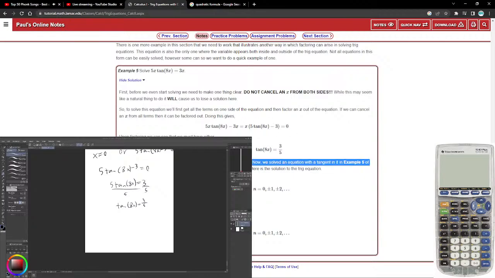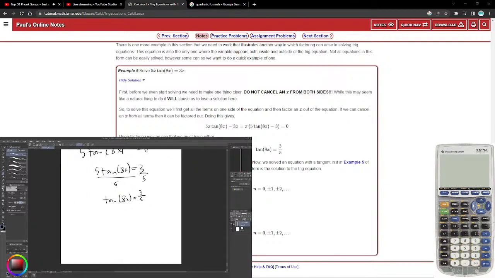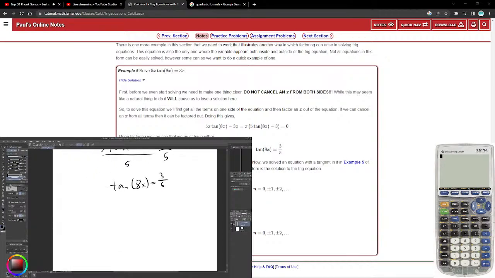Note that if we cancel the x, we would have missed the first solution. Now we solved an equation with a tangent in it in example 5 of the previous section, so we will not go into details of the solution here. Hence the solution to the trig equation. Okay. Can fit this all in one, watch this.